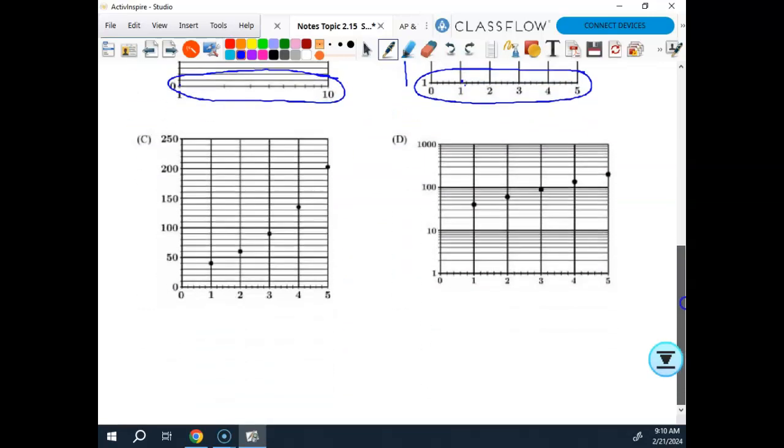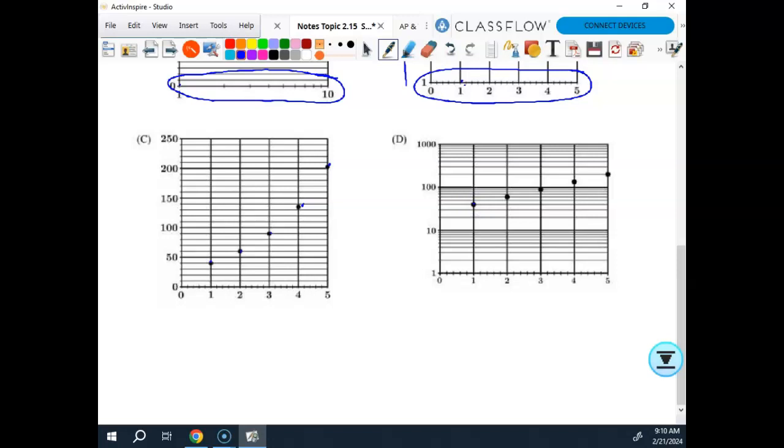All right, so let's look at C. Is this point 140? Is this 260? Yes. Is this 390? Yes. Is this 135? Yes. Is this 203? Yes. Okay, so let's look at D. Is this 140?